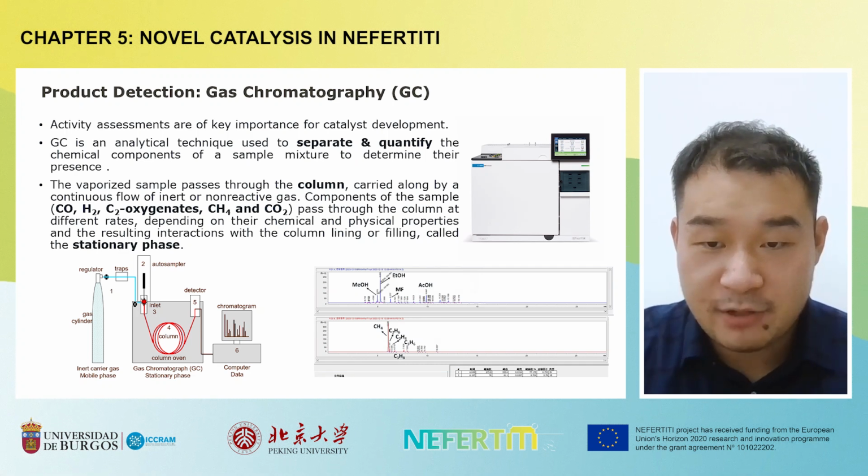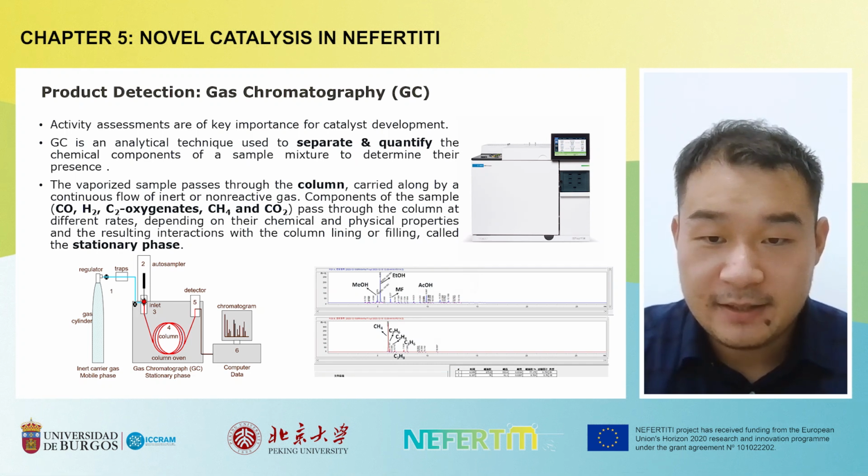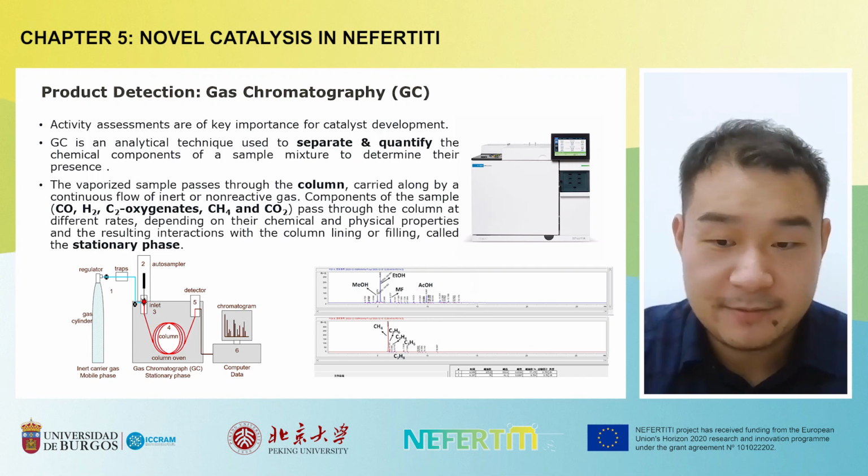So in the spectrum, we can see that all different components can be well separated. We can see the oxygenated products including methanol and ethanol as the primary products, as well as other products including hydrocarbons.